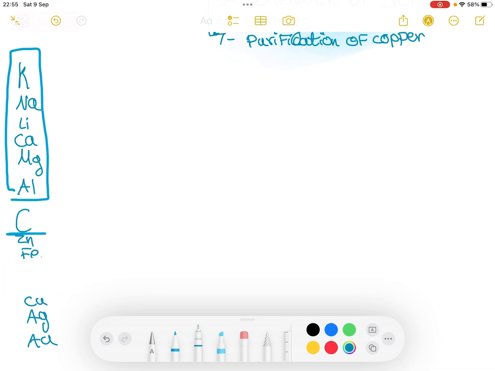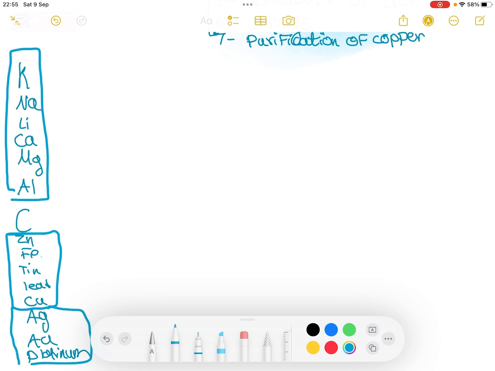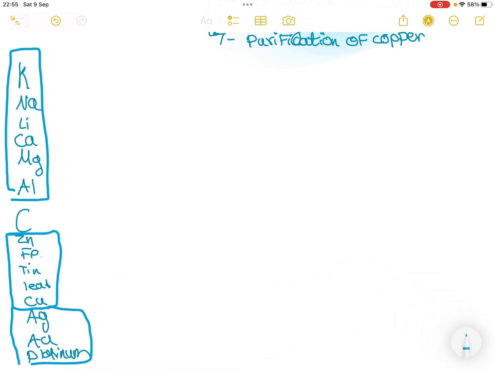We have zinc, iron, tin, and lead, that is Pb, together with copper. And then we have silver, gold, and platinum alone in another group. So why is that?